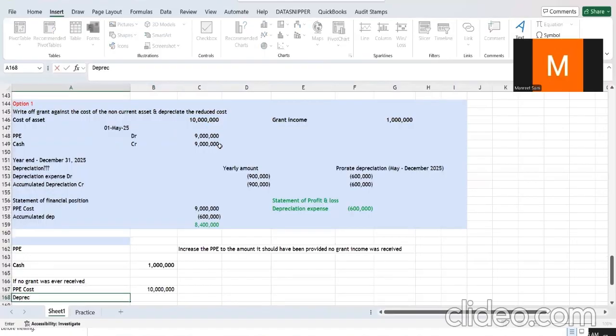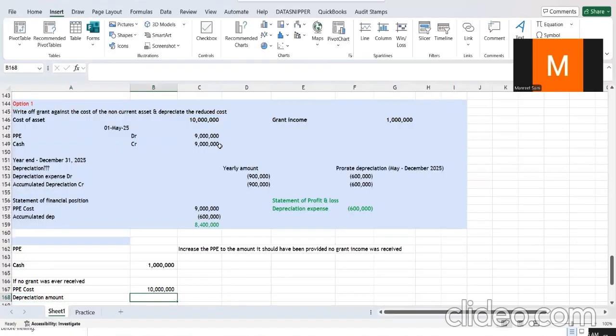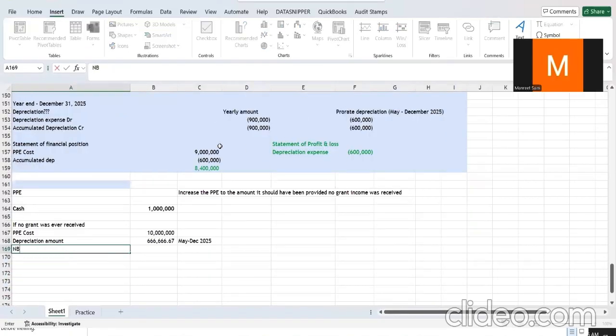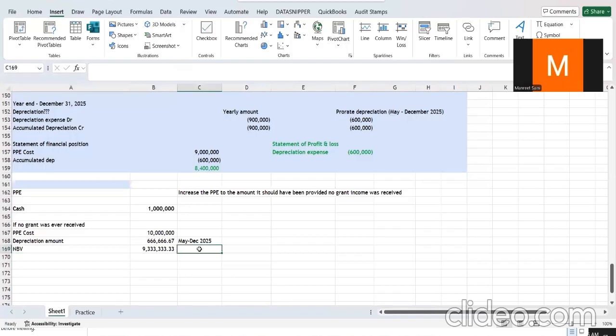The depreciation amount would be 10 million divided by 10 years into 8 by 12 because we are charging depreciation from May to December 2025, right? So the net book value should be this minus this, right? This should have been my net book value if no grant was ever received.